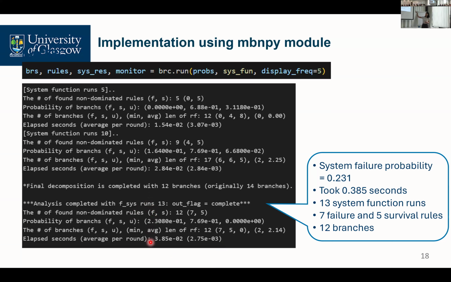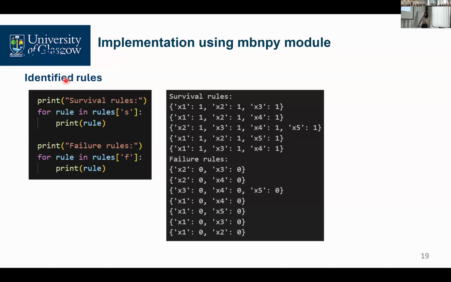It was completed after 13 system function runs, and we found 7 and 5 minimal survival rules and 12 branches. So the outputs are first the branches and the rules, which are used for system inferences. If we look at the rules identified, we can find that it found all the combinations that lead to either system survival or failure.